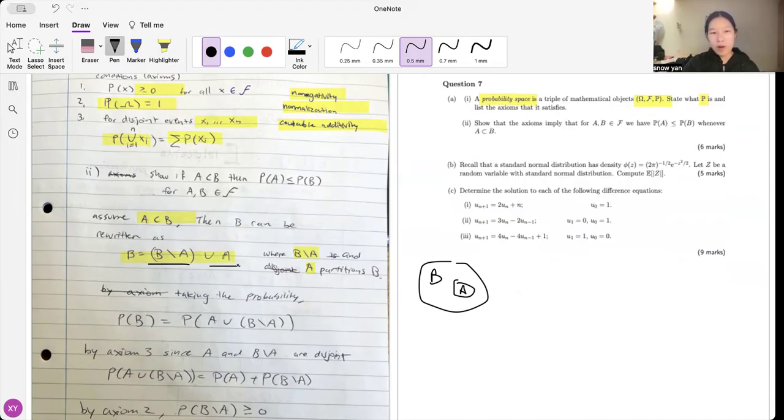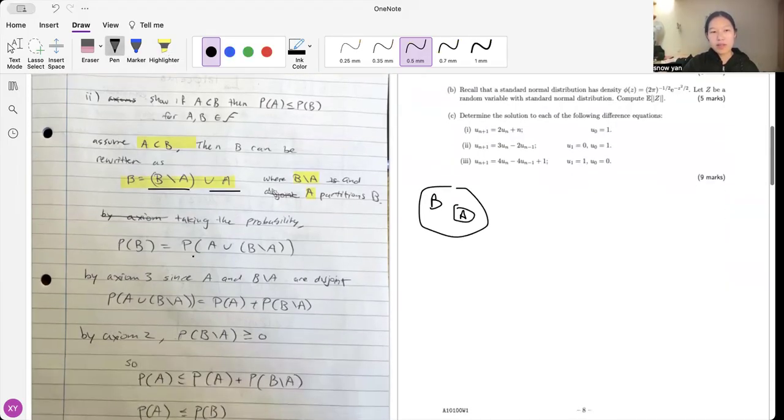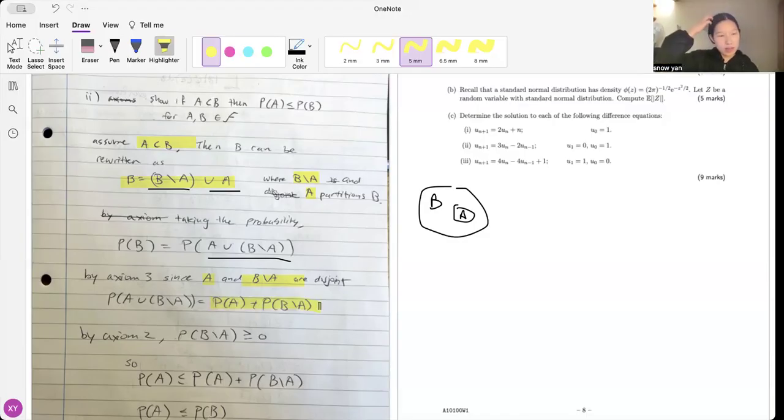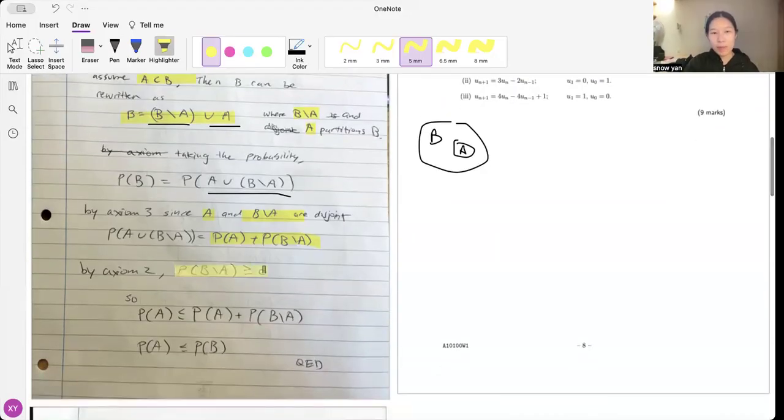And then when we take the probability of this, the probability of B is equal to the probability of this thing over here. By axiom 3, since A and B not including A are disjoint, there's no overlap, so we can just write it as P(A) plus P of B not including A. And then by axiom 1, we know that the probability of anything has to be greater than or equal to 0.